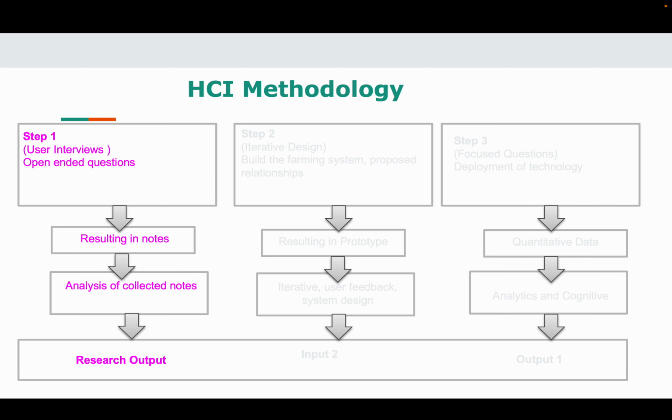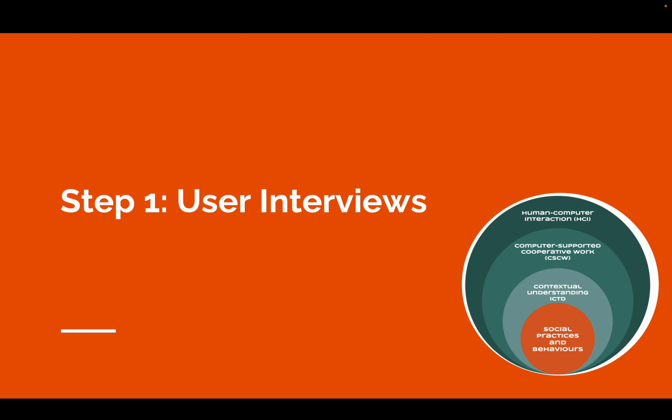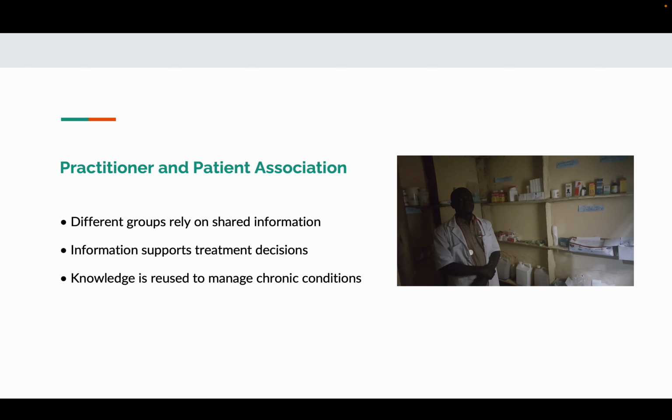So the first step, which is collecting information from users, guides the next steps of the human-computer interaction methodology. So we'll talk about how you conduct user interviews. I mentioned this research was done in the health facility, and because this is a summary, I'll just go through it quickly.